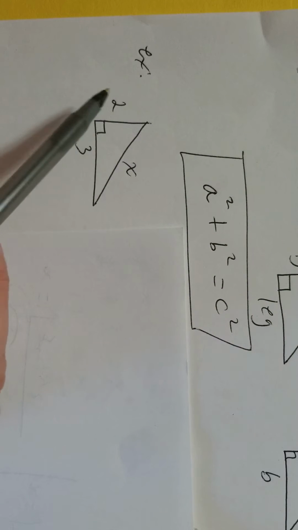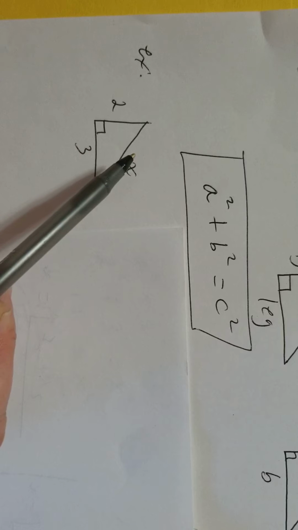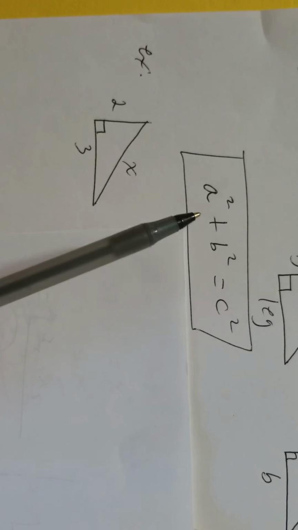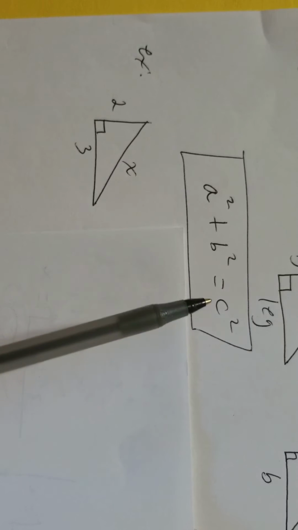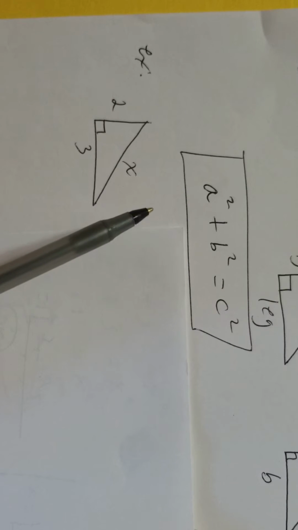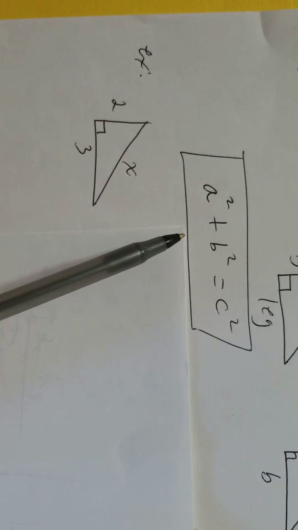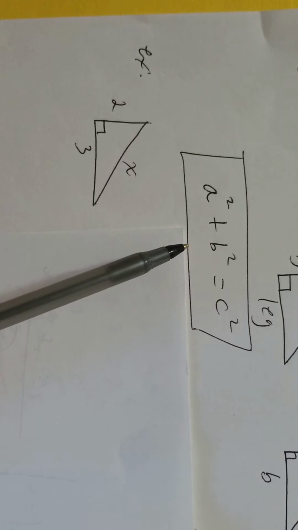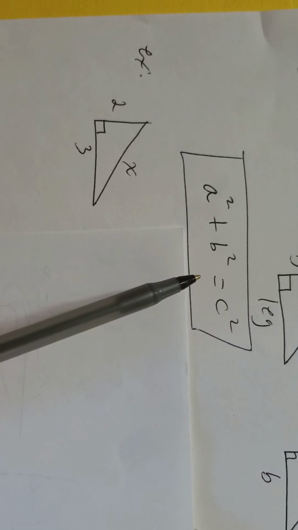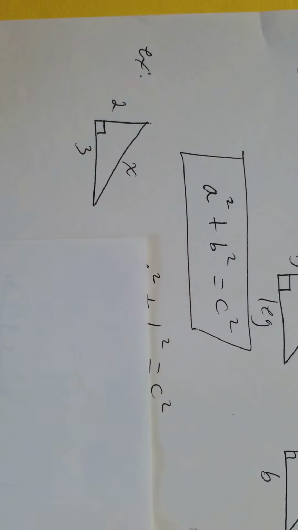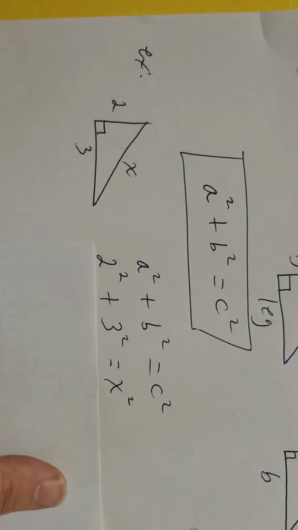So the legs are 2 and 3, the hypotenuse is x. If you think about this as a formula, we have 2 of the letters and we're missing 1 letter. So all we've got to do is plug in the numbers they give us and solve the formula for the missing letter. I'm going to plug in the 2 and the 3, and it's going to look like this.